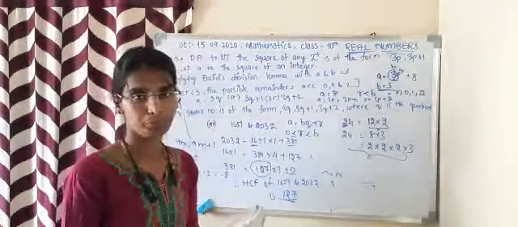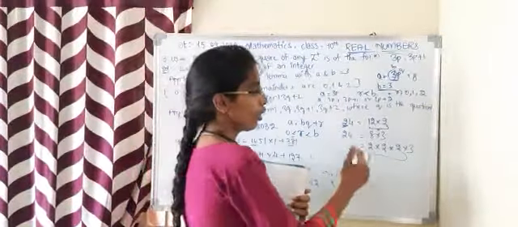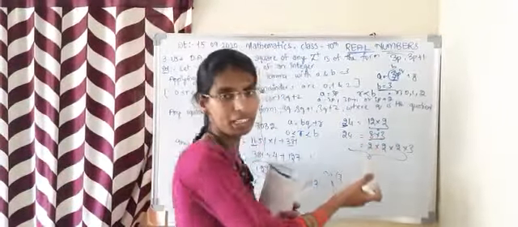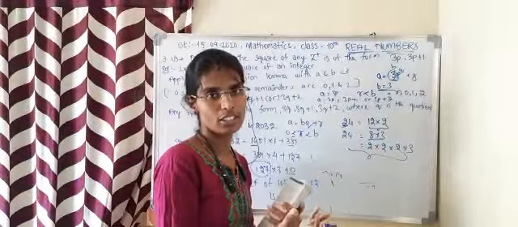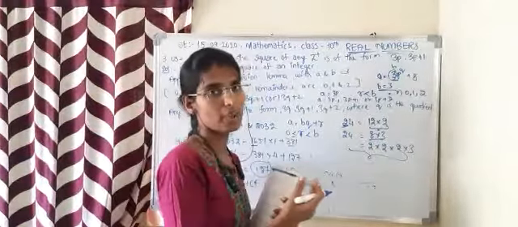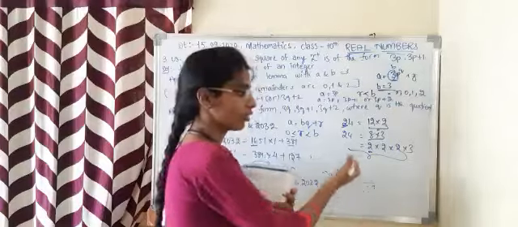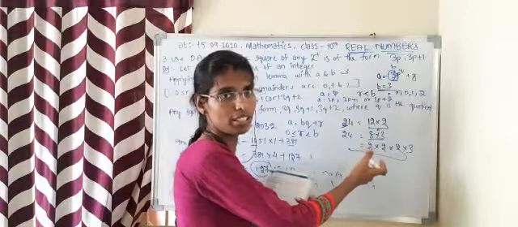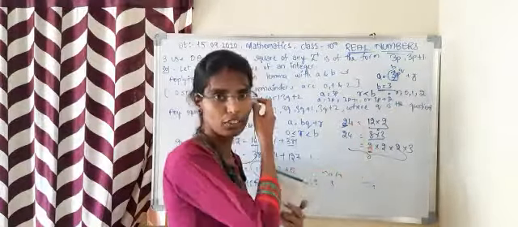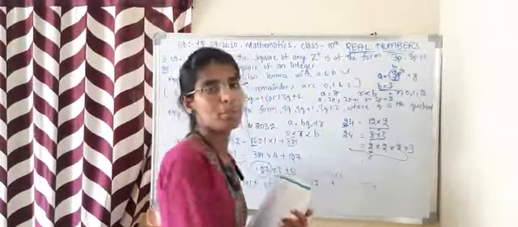So here, prime factorization. Why are we not ending here, why are we coming to here? Prime factorization is the method where we take the factors up to prime numbers. Now we cannot further find the factors of these numbers because it is a prime number and it doesn't have any other factors. That is why we call it a prime number.